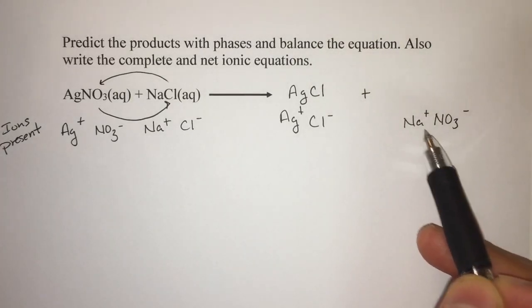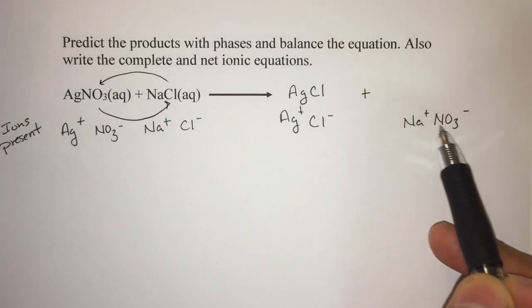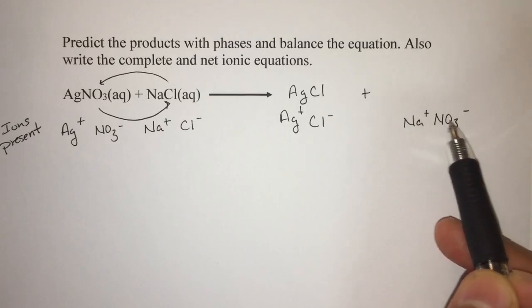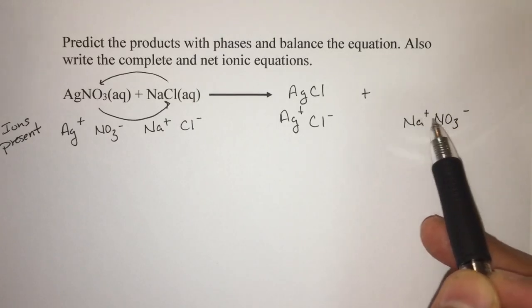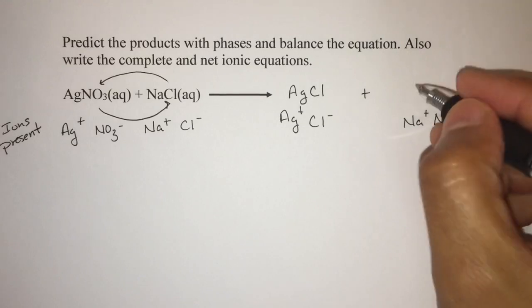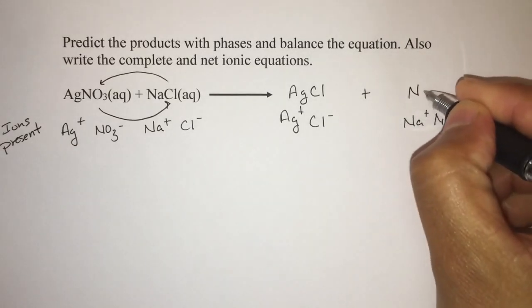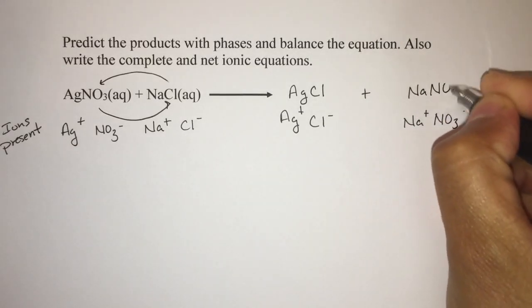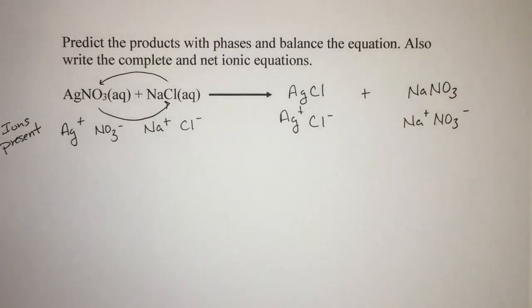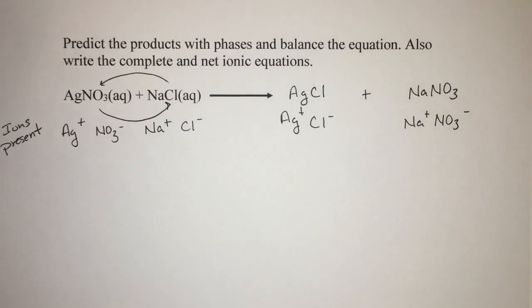Sodium nitrate. Sodium's a 1+, nitrate's a 1-, +1 -1. Those charges balance. So the formula for sodium nitrate would look like this. Next, let's write the phases.